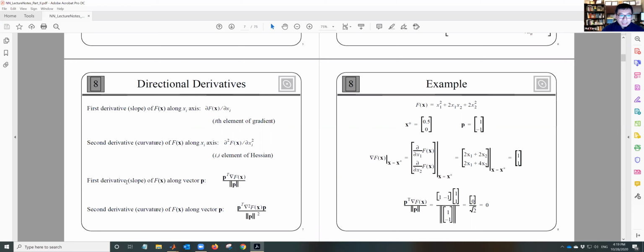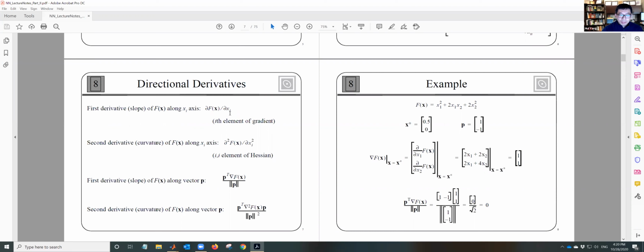Now, what is the derivative along a particular vector p? You are projecting this gradient onto a particular direction. And here you are projecting the second order derivatives, the curvature, along a particular vector. That means derivatives have direction.